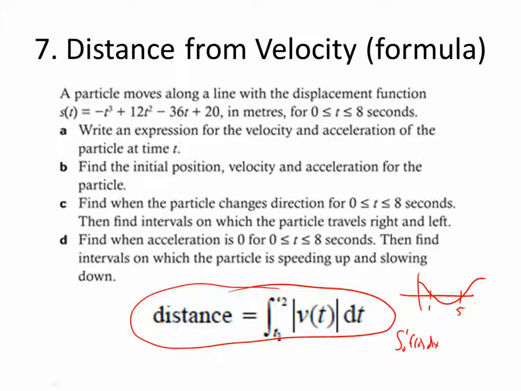Distance cannot be negative. So we would say minus the integral from 1 to 5 of f of x dx, right? And then you would add the integral from 5 to whatever of f of x dx because you're now positive again. Remember, this was important for distance, it was important for speed, it's also important for area.